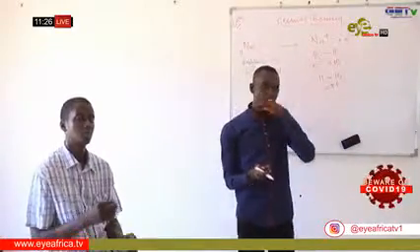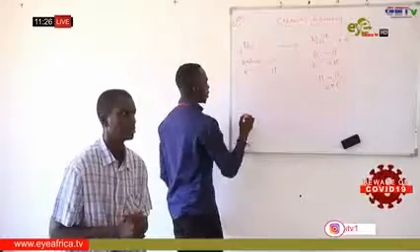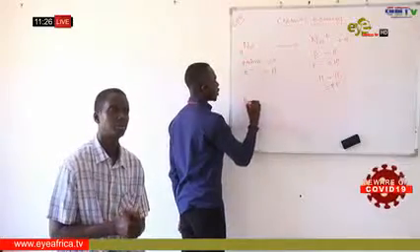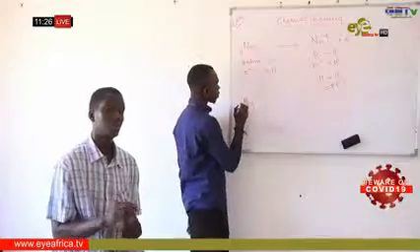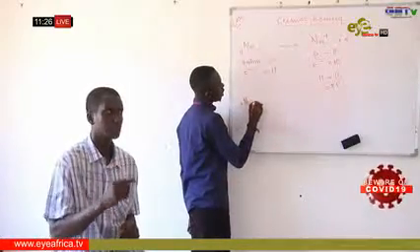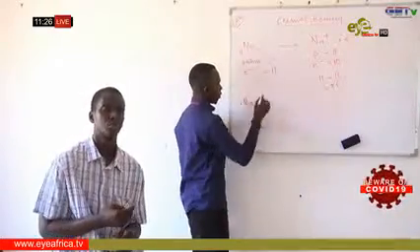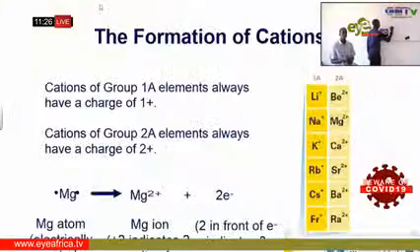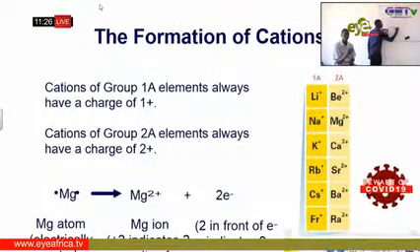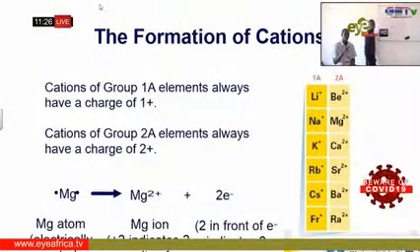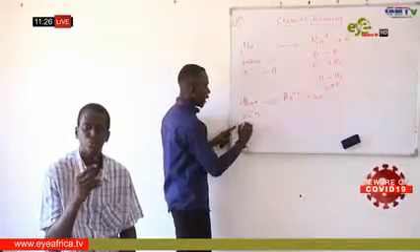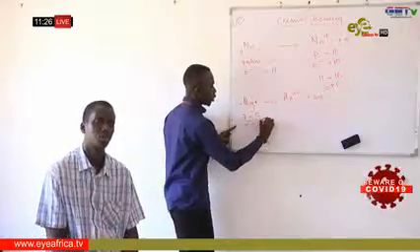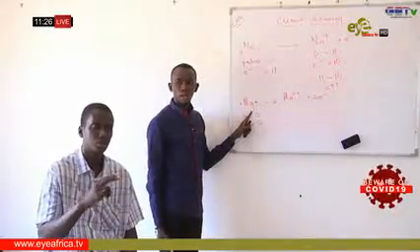Again, we have the formation of cations. Maybe we have another element like magnesium. We know that the valence of magnesium is 2 electrons. In this case I'm using the Lewis dot structure. This can form Mg 2 plus 2 electrons. This is neutral, so the proton number in this case will be 12, and the electron number will also be 12, because the atom is neutral.